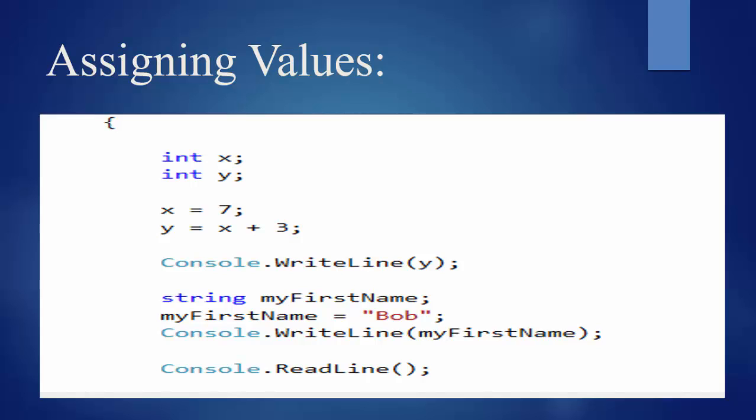Alright, we're going to assign values. In this example, while I was typing it, IntelliSense automatically formatted my code because it knew that I had created a variable. That just goes to show you the power of the IDE while you're typing your code.